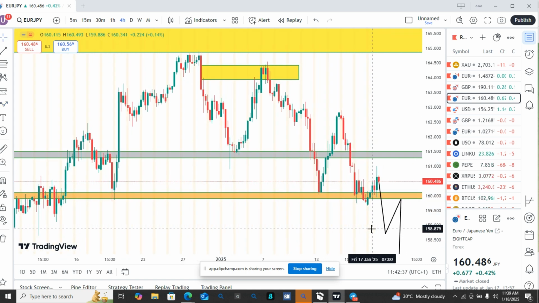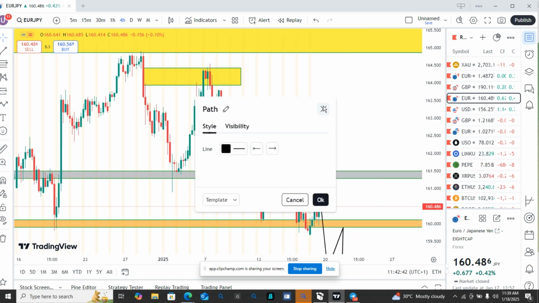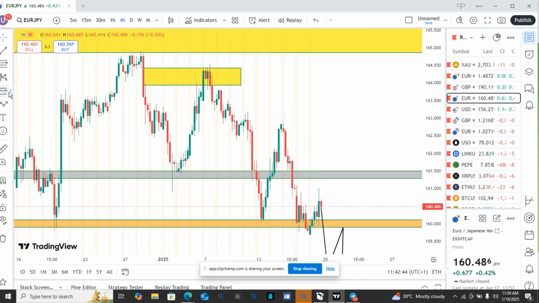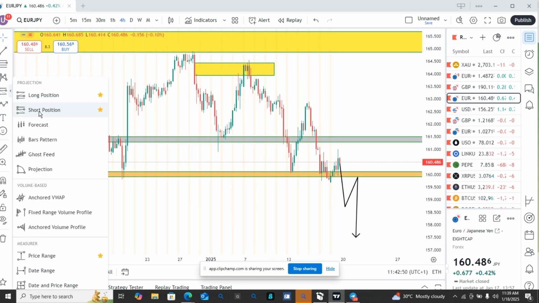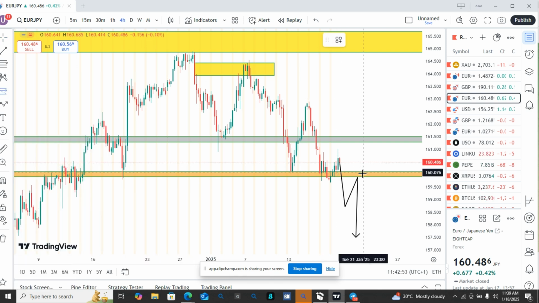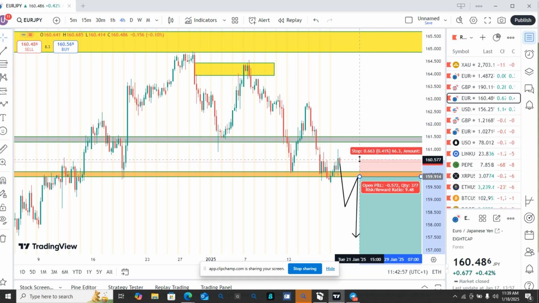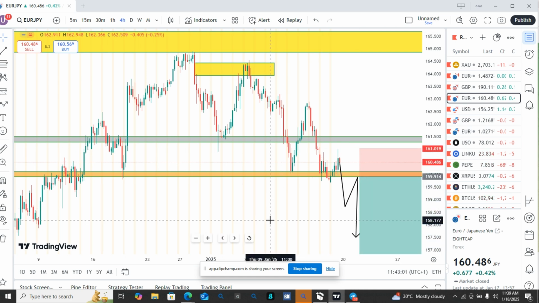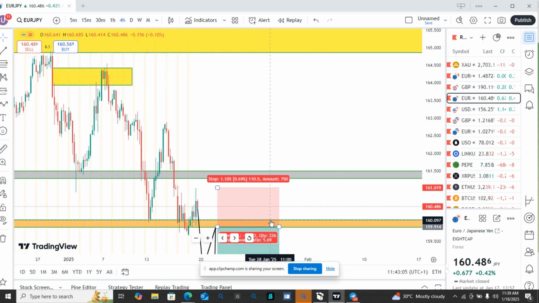Let me put it so that we see it. Break, retest, and sell. That's our first way of doing this. If price breaks this zone, we'll sell. If you don't see it this way, expect it in another form. There are many ways to kill a rat.